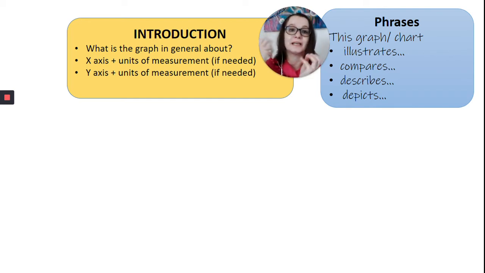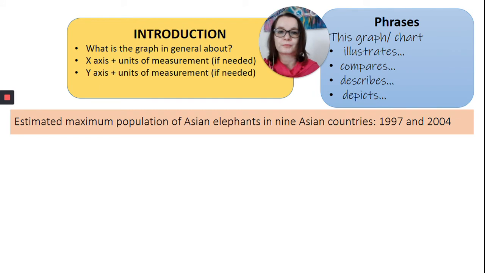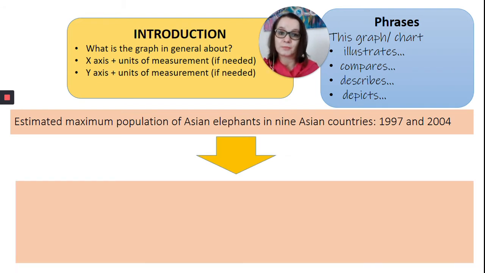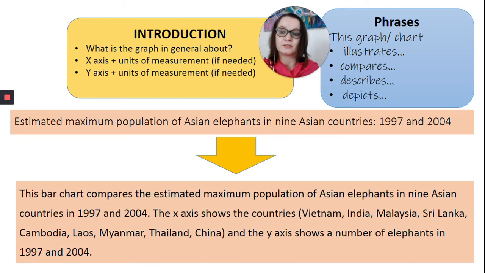And what we do, we just use the same information to write the first sentence of the introduction. Take a look. You start with one of these phrases, and since we talk about a bar chart, it compares values, right? So you can say this bar chart compares, and then you use the information from the title, and you complete the sentence.